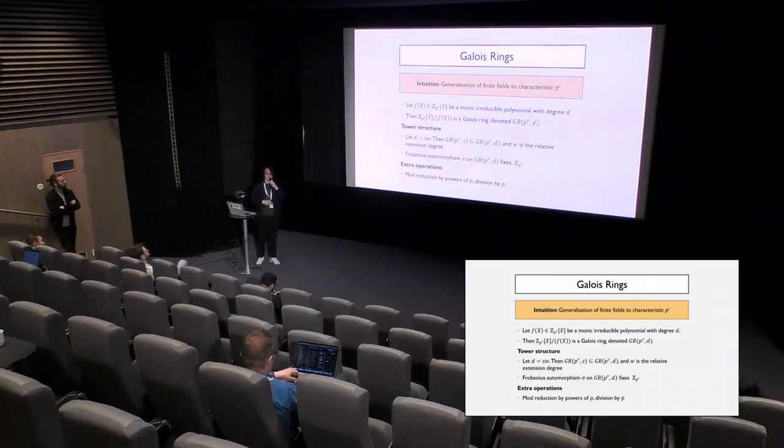Then we also have a Frobenius automorphism that fixes the ground ring Z_{p^r}. But unlike finite fields, we actually have some extra operations. We can define a modular reduction by powers of p. And if we have multiples of p in the Galois ring, we can then define a division by p.